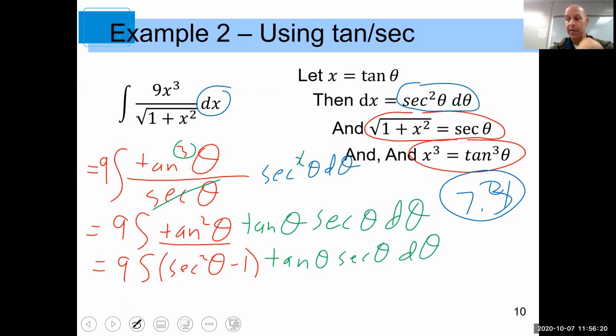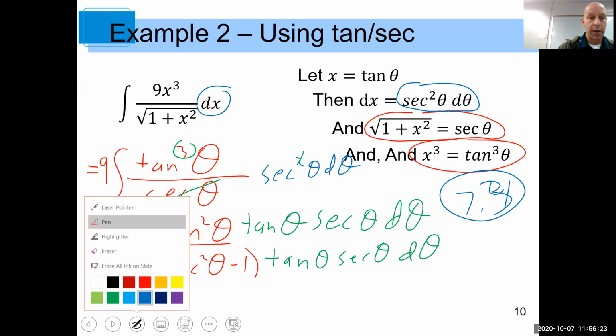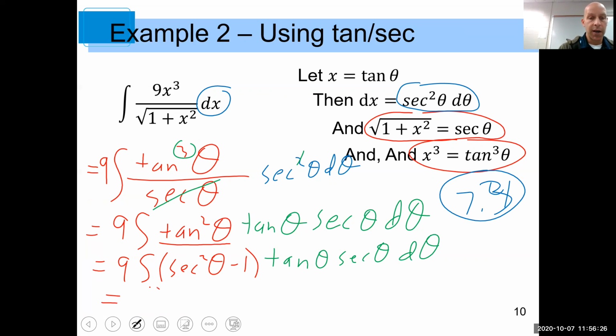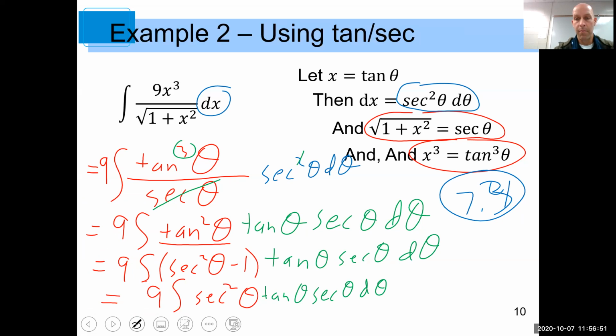So now we've got this, and now let's go ahead and distribute. I'm probably going to run out of room on this particular slide, and that's okay. So I'm going to make this 9 integral of secant squared theta, and then I'll write it in green, tangent theta secant theta d theta, and let's keep going in red again, and then minus integral of tangent theta secant theta d theta.